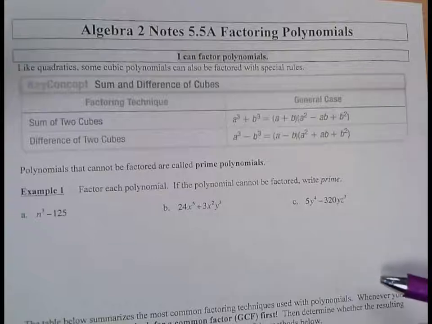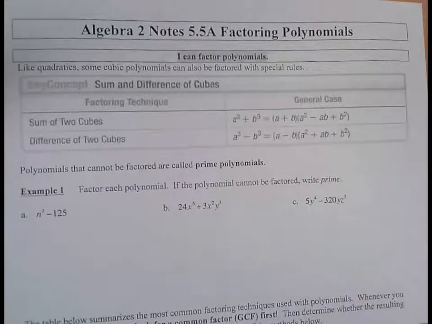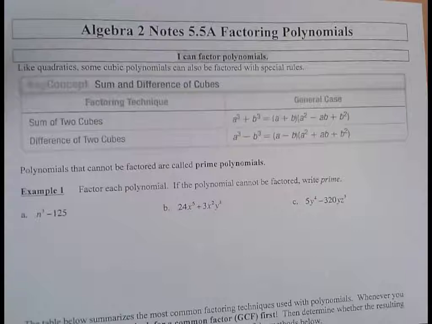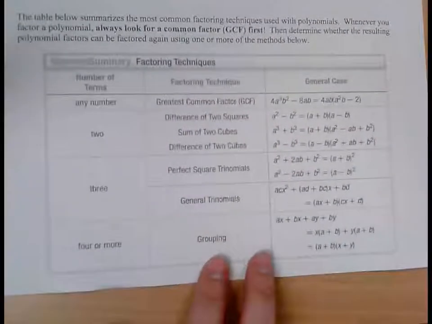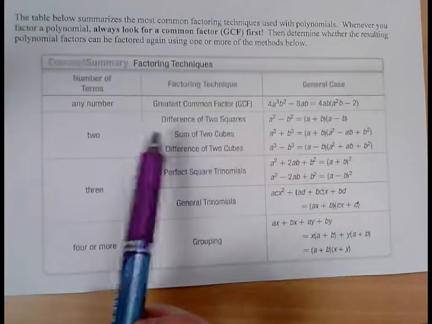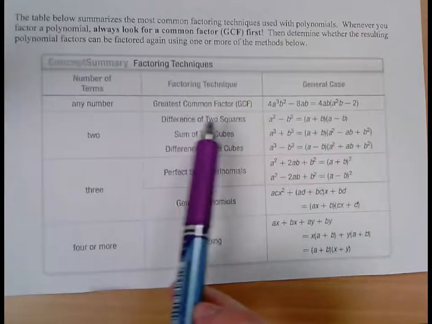The first set of examples, though, are just focusing on using two new special methods of factoring when you have sums or differences of two perfect cubes. So you may remember, and it's actually on your sheet, you have to look down towards the bottom in that factoring techniques box. You may remember factoring a difference of squares.